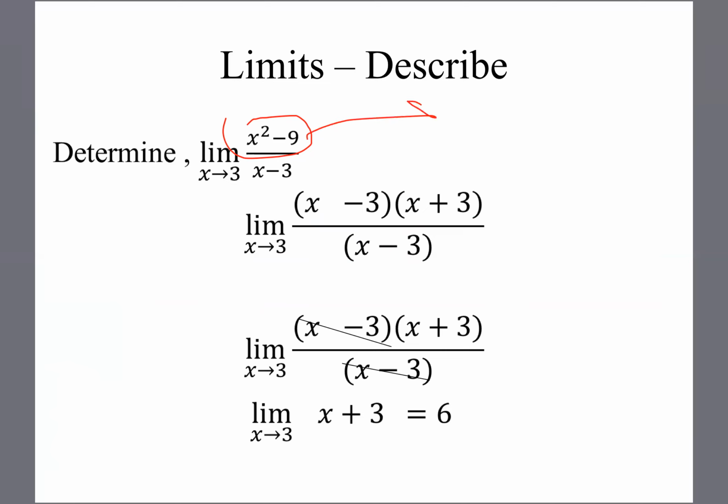This same function we can write with the factors, x minus 3, x plus 3, and the other one, x minus 3, in the denominator. Denominator and numerator are the same.